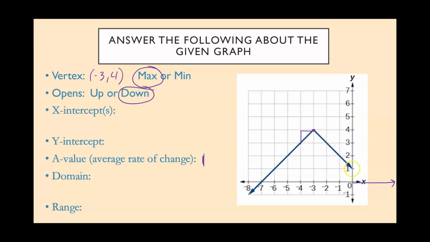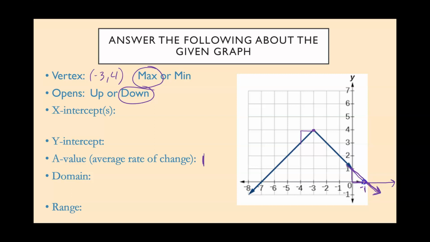I'm just going to keep doing that. I go down 1, over 1, and that gives me my other x-intercept. Then I'm just going to extend my line. All I did was continue my graph.